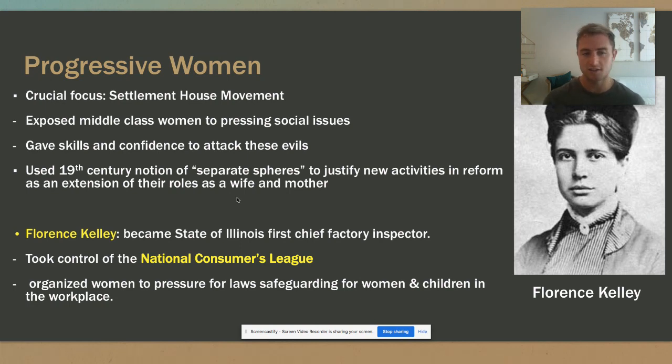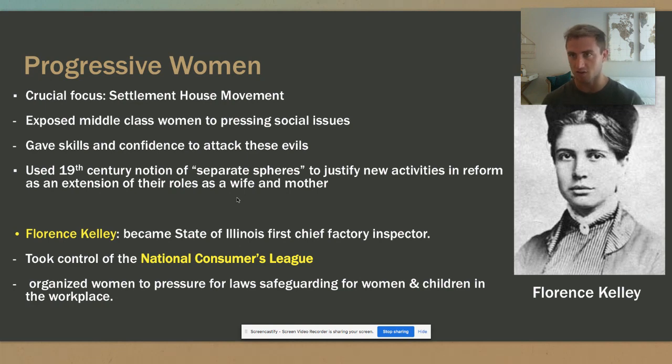And so they're going to say, okay, that's all good and fine, but if we're supposed to have a separate sphere as mothers, then we need some political power to come in and regulate things like child labor laws, and to protect our children from working in dangerous factories.